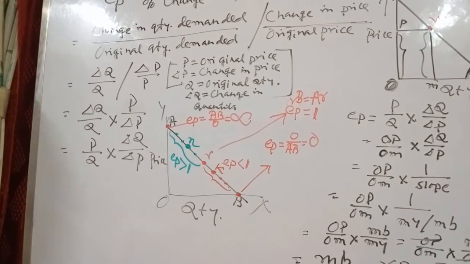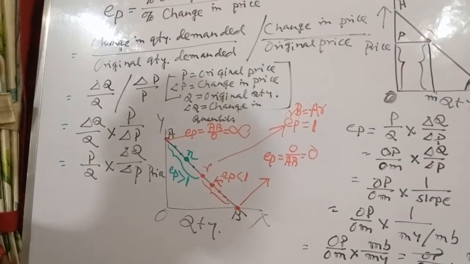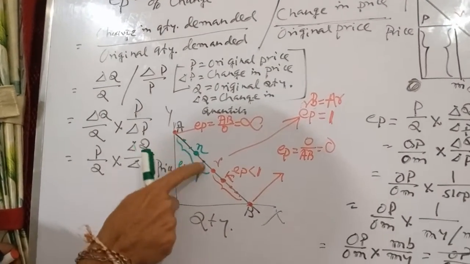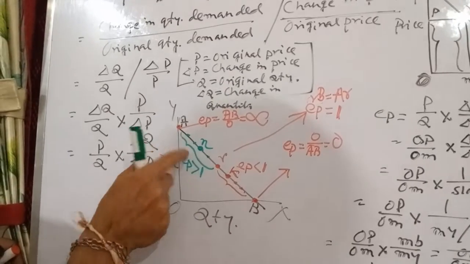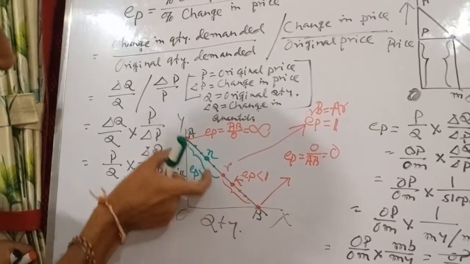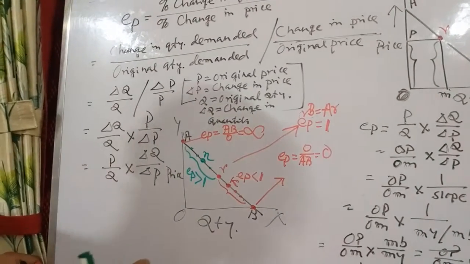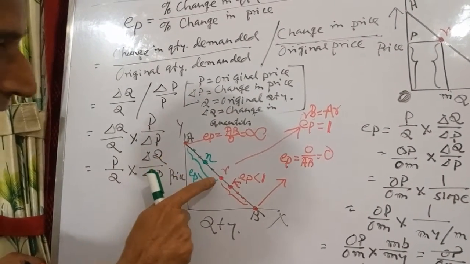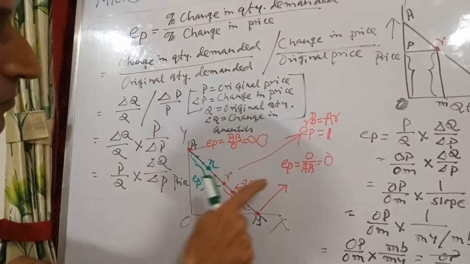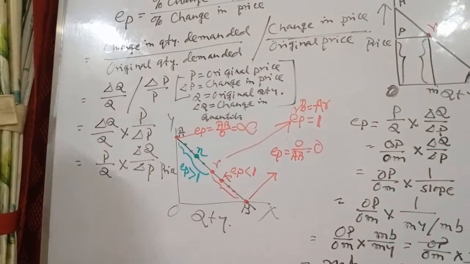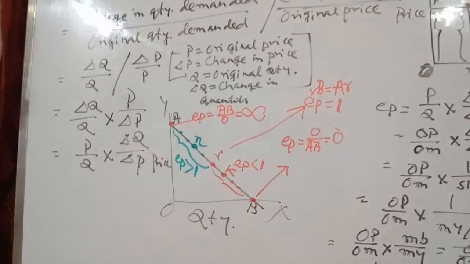At any point in between A and R, lower segment is more than the upper segment, so elasticity is greater than 1. Correct?